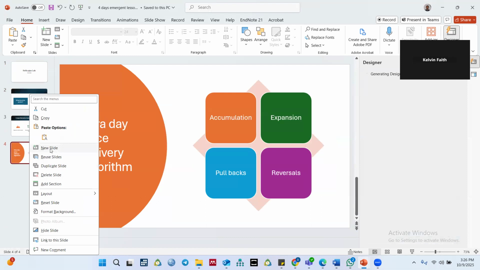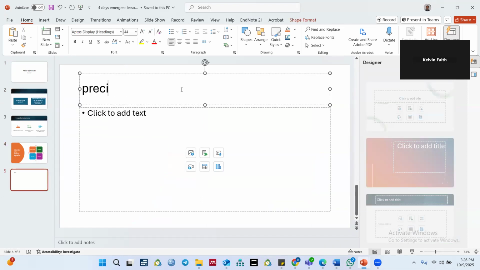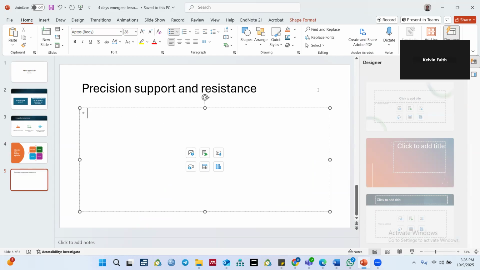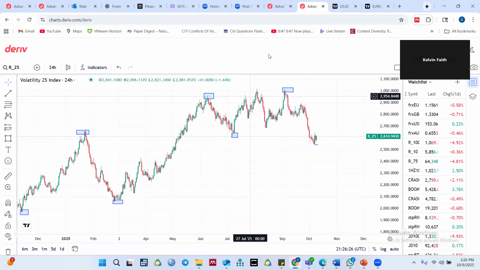Let's go quickly to precision support resistance. The concept of precision support resistance is simple.